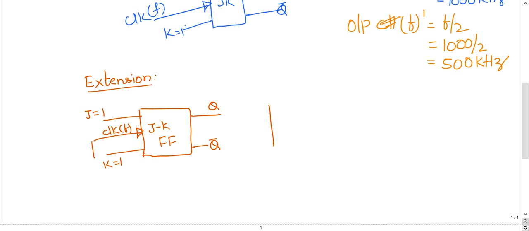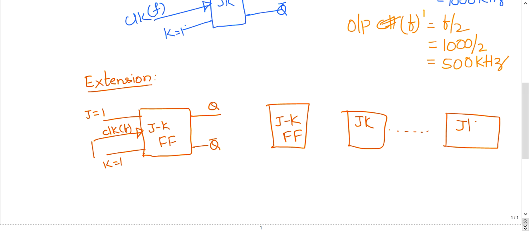So suppose n JK flip-flops are cascaded, so this is the nth JK flip-flop. The inputs are again J equal to 1 and K equal to 1. Here also J equal to 1 and K equal to 1.